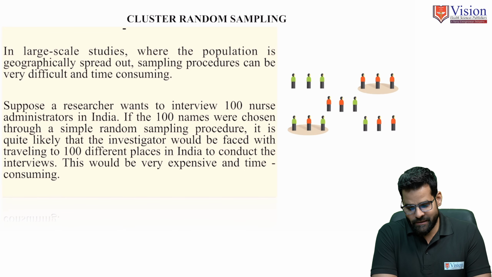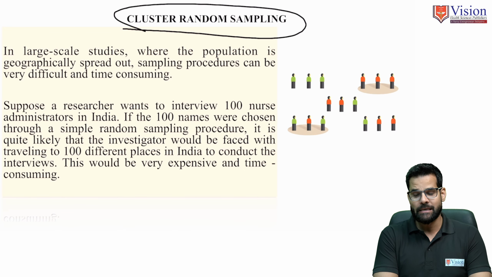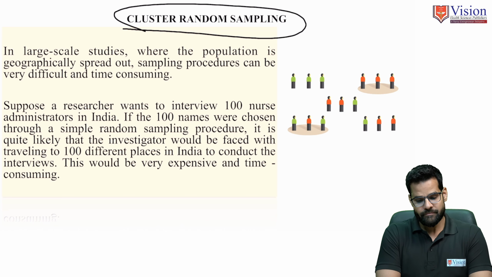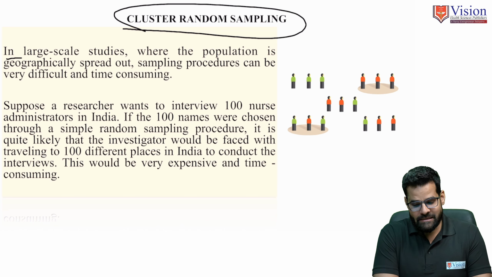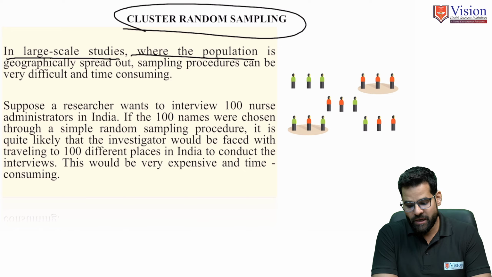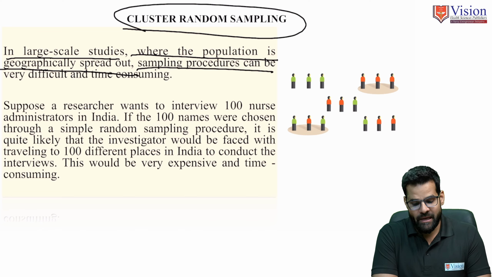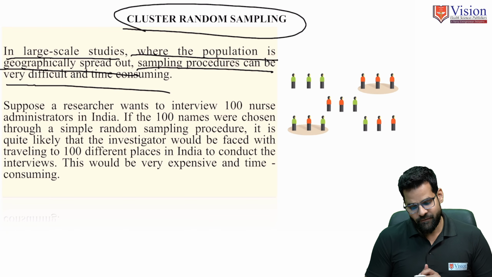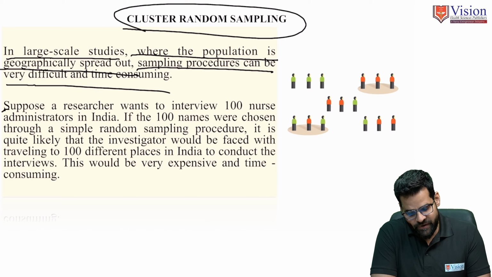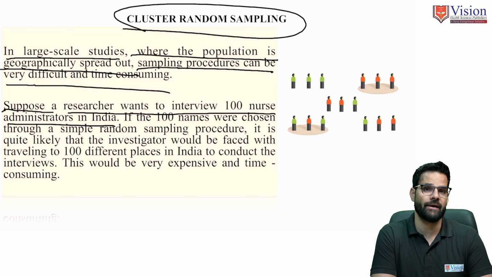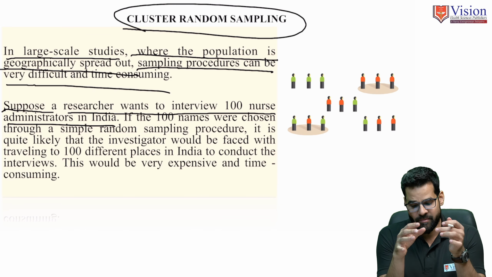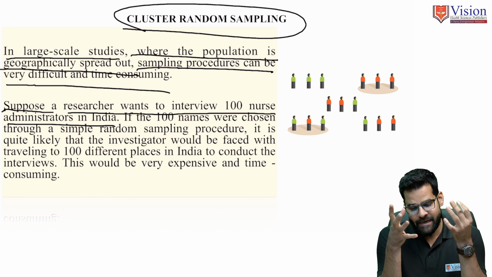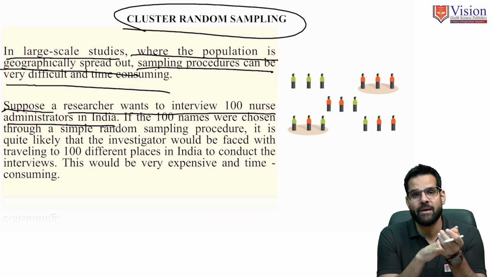Next, another important random sampling method is cluster random sampling. So what is that? In large scale studies where the population is geographically spread out, the sampling procedure can be very difficult and time consuming, that we know. For example, a researcher wants to interview 100 nurse administrators in India, from different hospitals. 100 names were selected by simple random sampling.